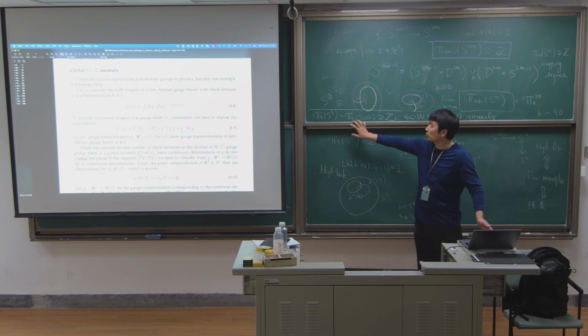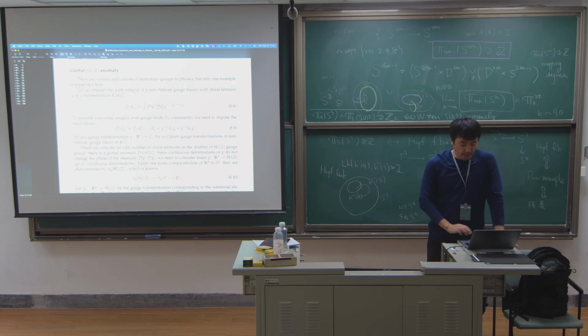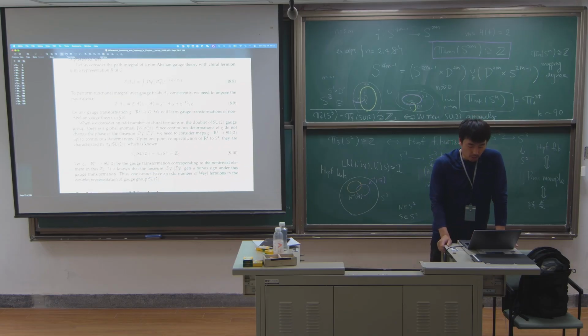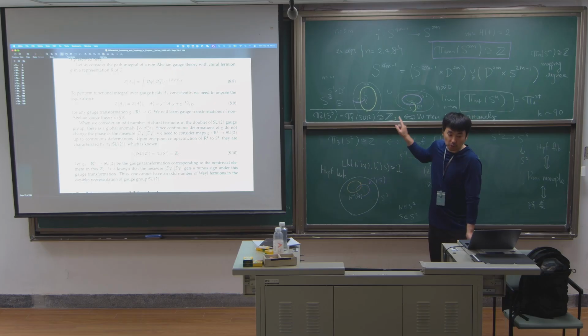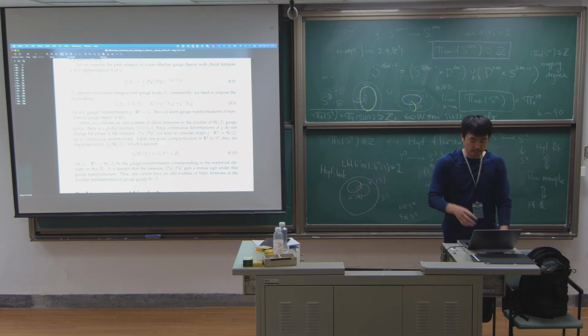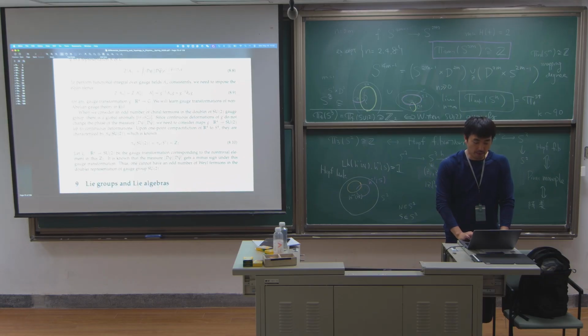If an odd number of Weyl fermions exists, you get the non-trivial element of Z2. So the path integral is not invariant under the gauge transformation. You get the minus sign.